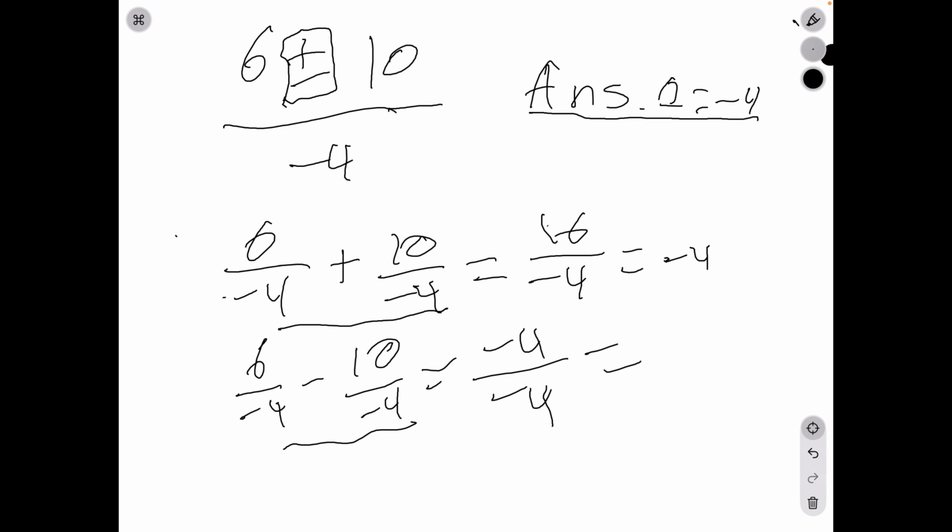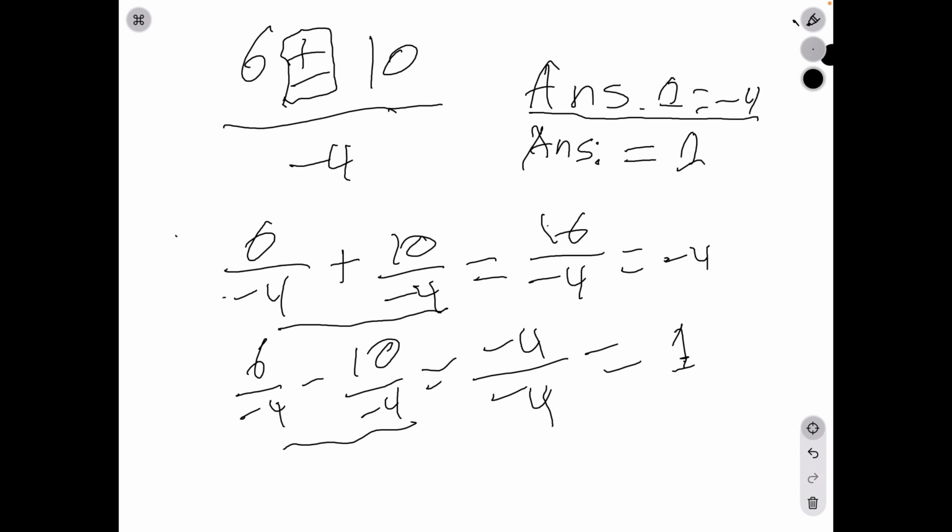So this will equal positive 1. So answer 2 will be positive 1. You guys are smart enough to know that's a positive 1.